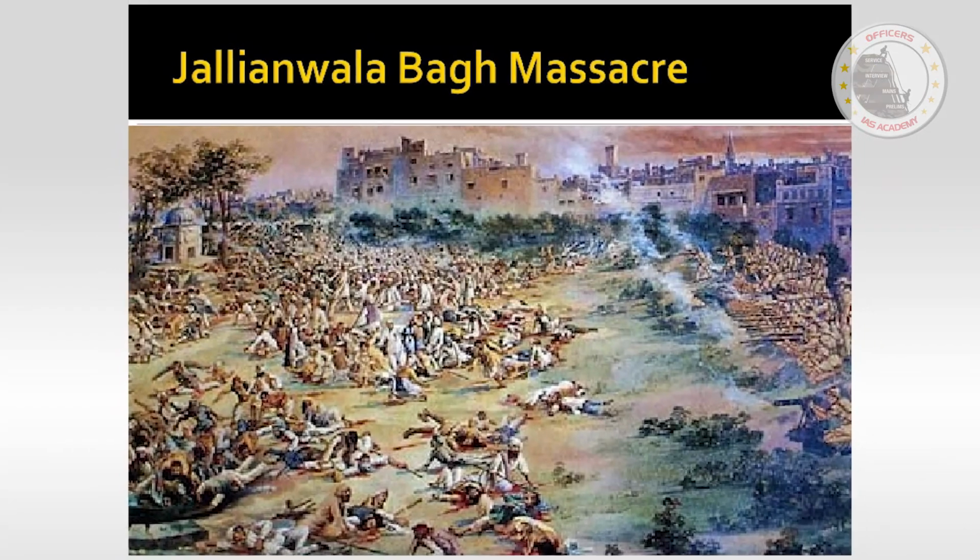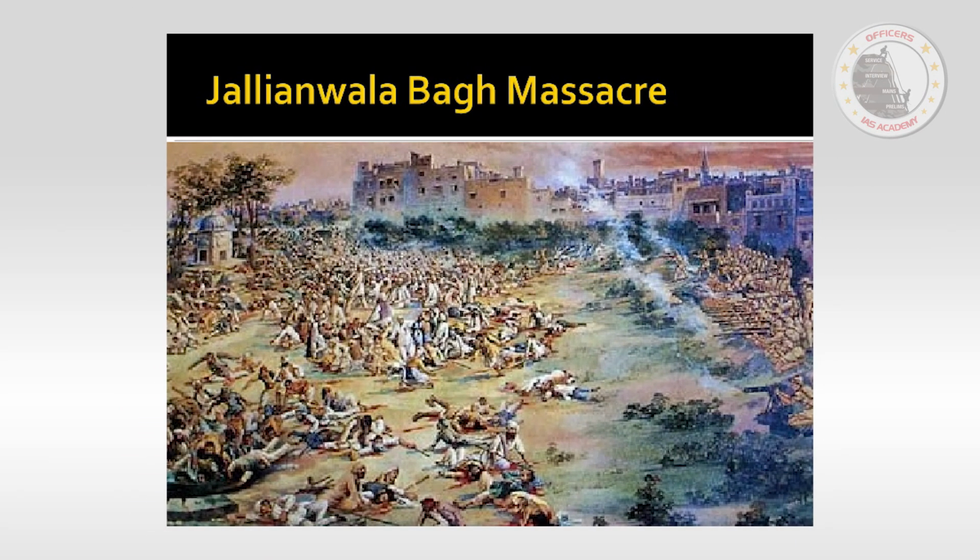At this juncture, on April the 13th, 1919, Baisakhi Day, peaceful protesters from Punjab gathered at Jallianwala Bagh to protest against the arrest of their leaders, Saifuddin Kitchlew and Dr. Satyapal. These were unarmed people. These were non-violent people. All that they were looking for was peaceful means of struggle.